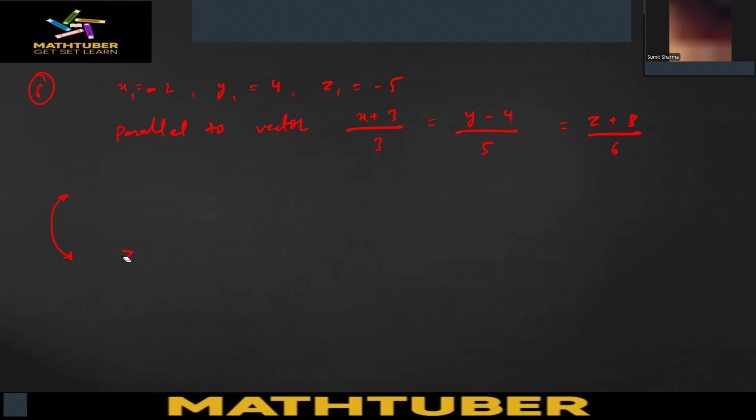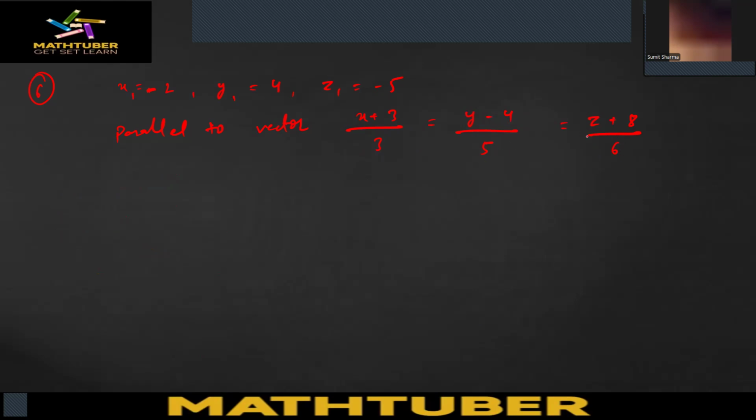Now we want a vector which should be parallel to the vector which we want to find out, that is the R vector. And it is also given in the question that it is parallel to this vector. Now in the Cartesian form, the direction ratios in the denominator show the parallel vector.